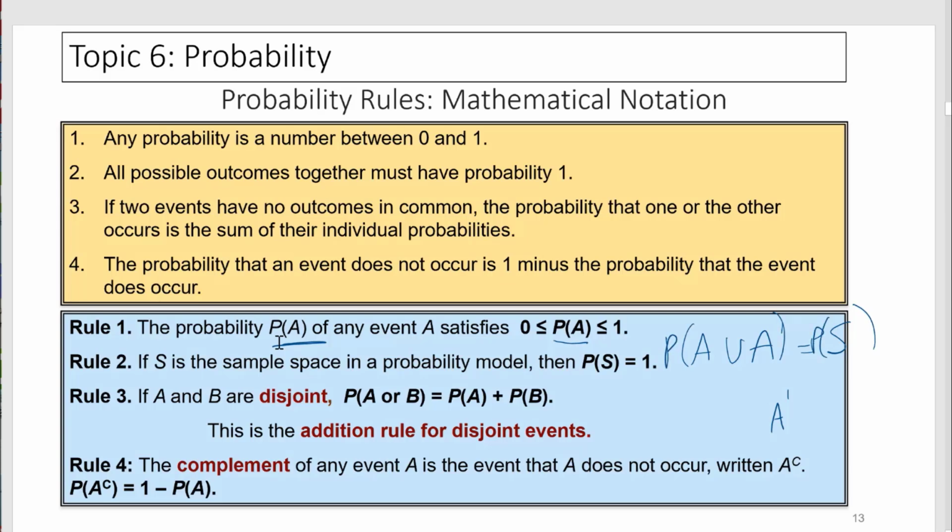And since those are disjoint, you'd say the probability of A plus the probability of A complement. We just learned that in Rule 3. And we know the probability of the sample space has to equal 1. We learned it here. So that's A prime, or A complement. And now you can make this equation. So we also know that the probability of A then would equal 1 minus the probability of A complement. I'll use the prime so you see C and the prime.